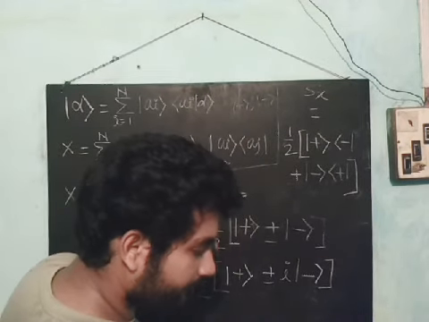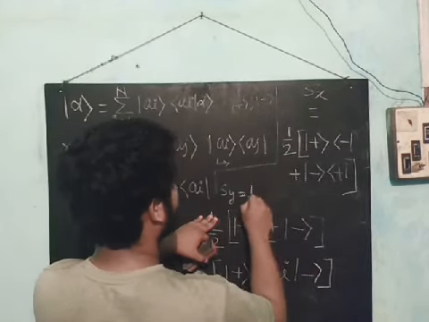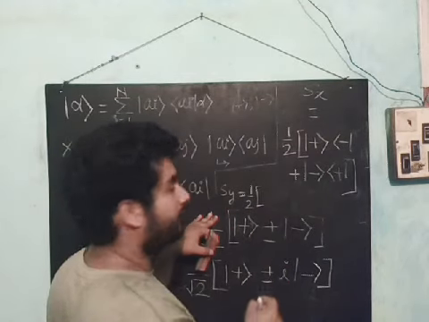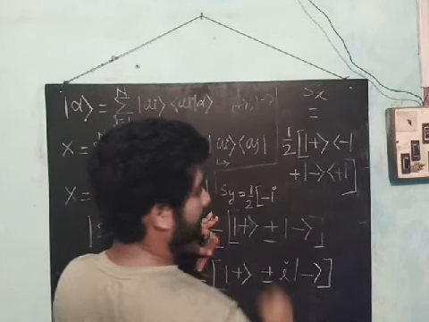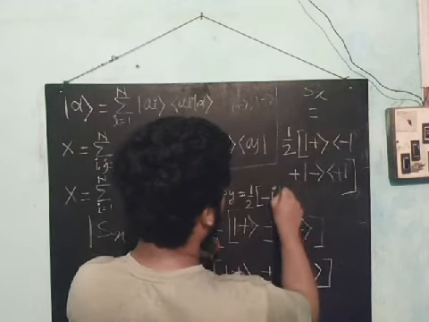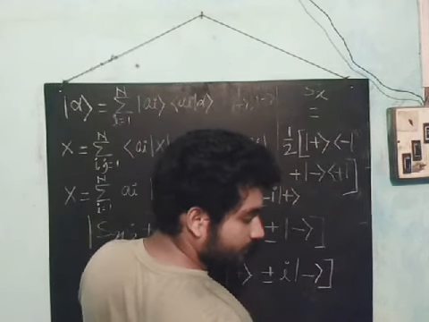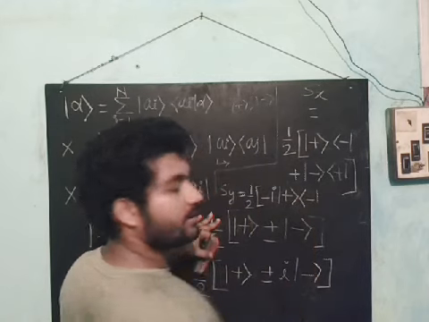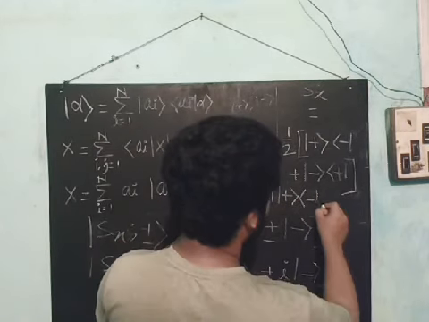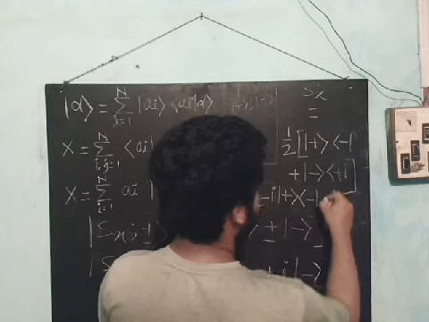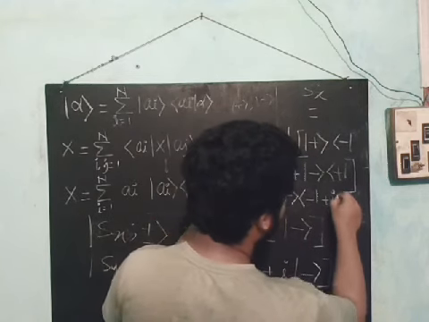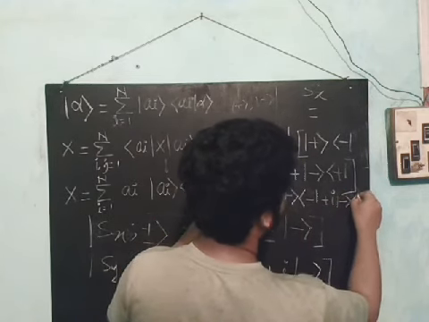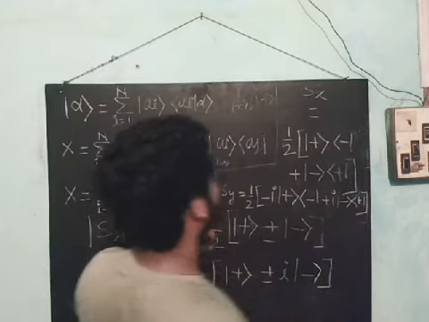Sy will be half times minus i positive negative plus i negative positive.